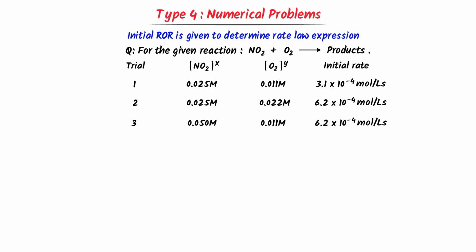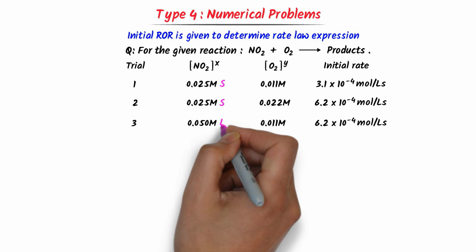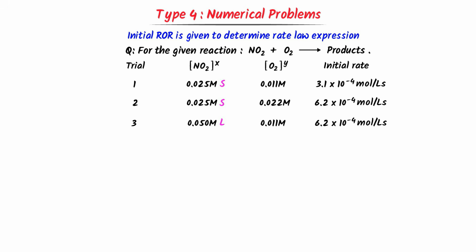Now listen carefully. I say 0.025 is a smaller value because it is the initial value of NO2. 0.025 is again a smaller value while 0.05 is a larger value.